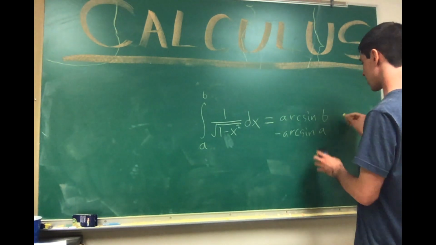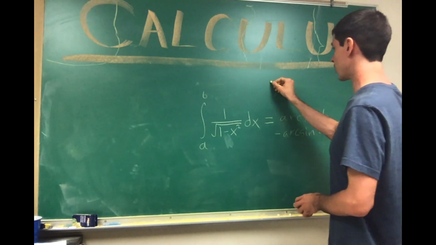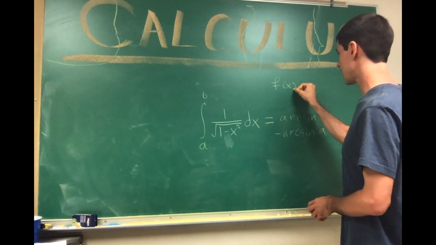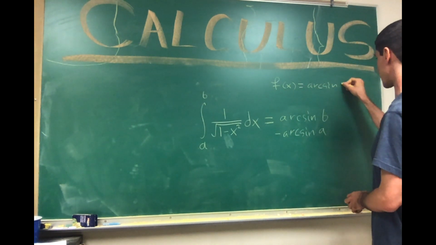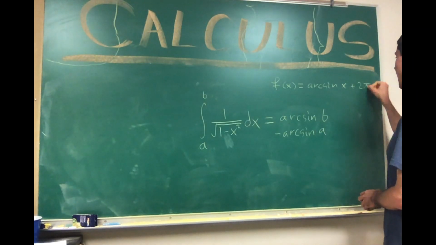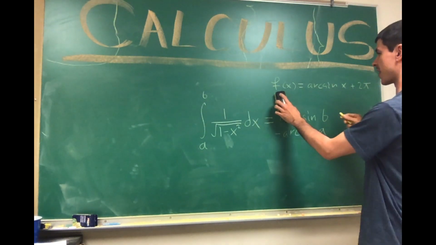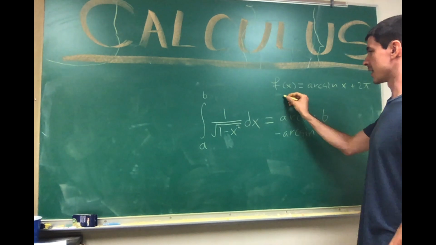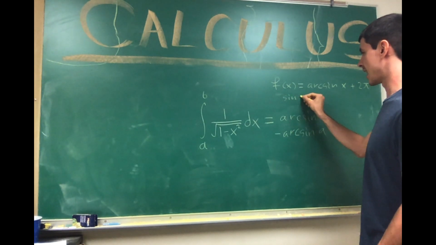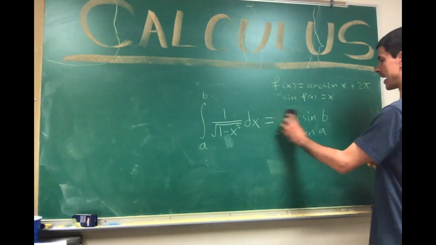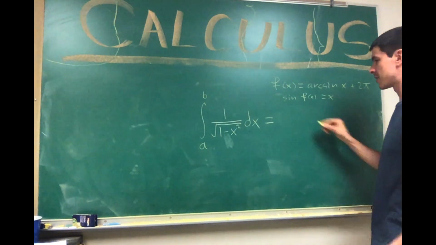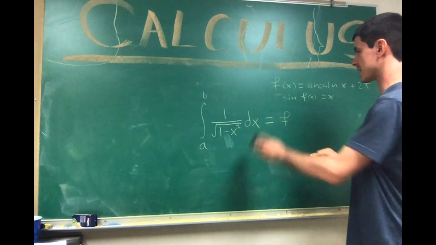So let's say f of x equals arcsine of x plus 2 pi. So this right here is another function with the property that sine of f of x equals x, as you may have seen in the homework. And it makes no difference. It has the same derivative.